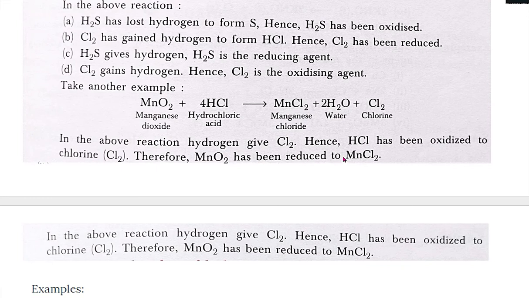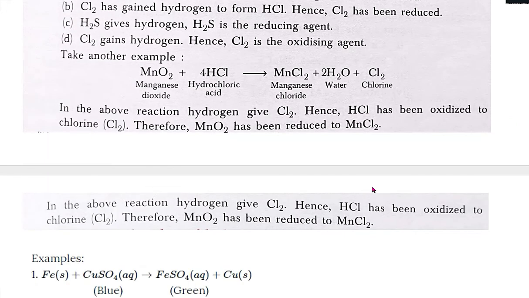MnO2 has been reduced to MnCl2, because it is losing oxygen, that's why we can say that it is getting reduced. So we say like this: MnO2 has been reduced to MnCl2, while HCl is getting oxidized to chlorine.